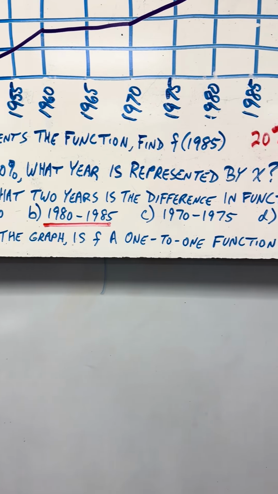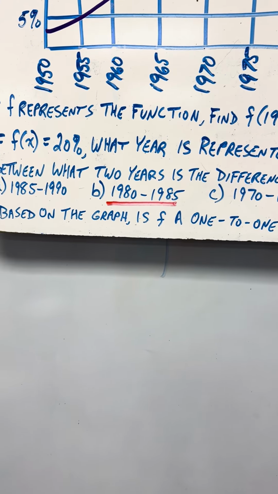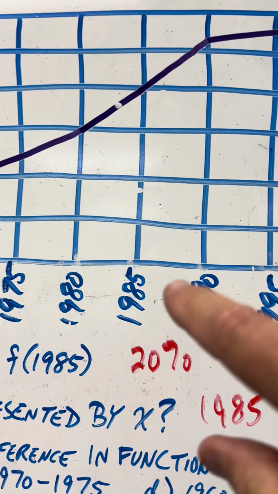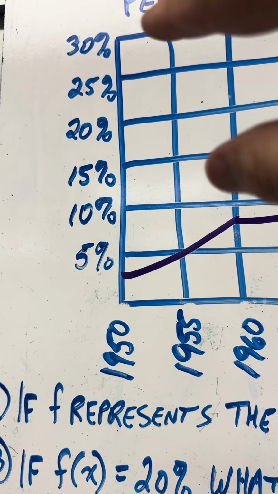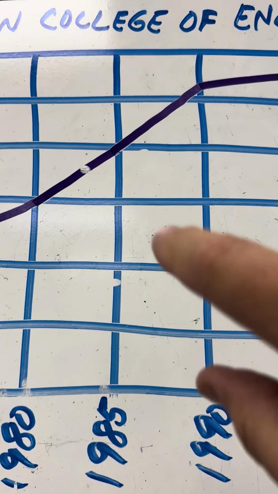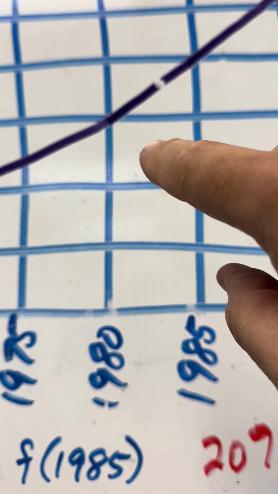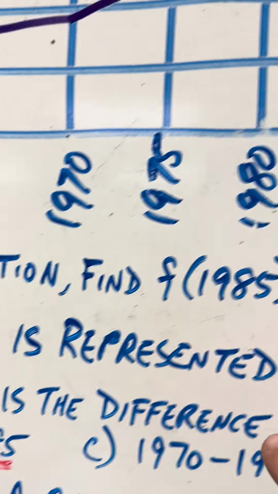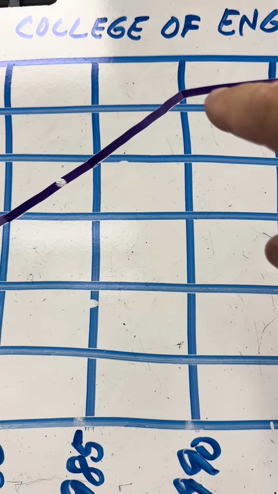Between what 2 years is the difference in function values equal to 5%? Well, try them out. 1985 to 1990. You see how each level is 5%? The first one was 1985 to 1990. See how that goes a little more than 5%?